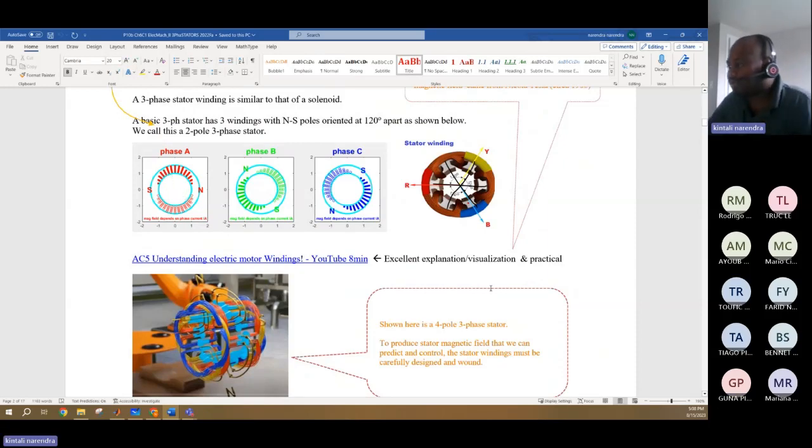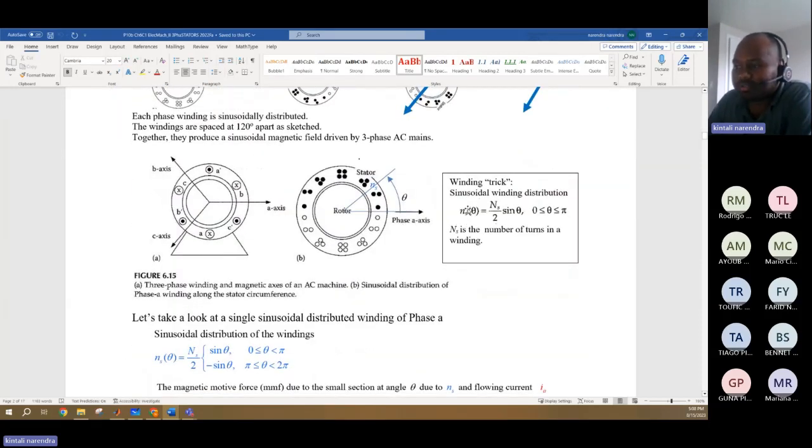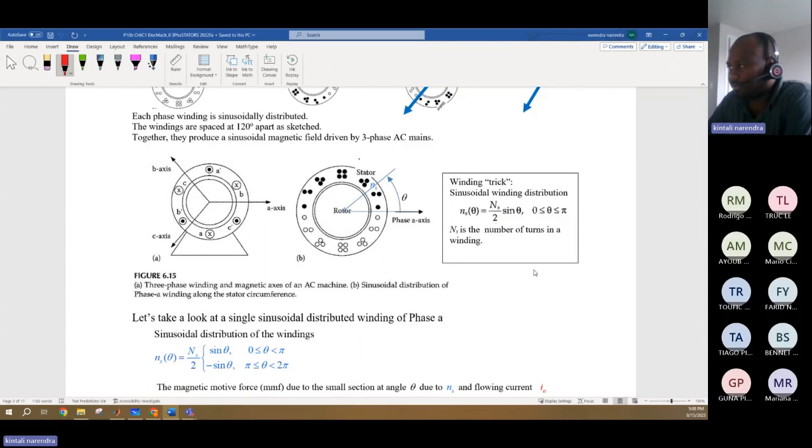How do you know what those windings are? By using this formula, the winding sinusoidal distribution. So imagine there are 500, and you are at an angle of 30 degrees. That's 250 windings.